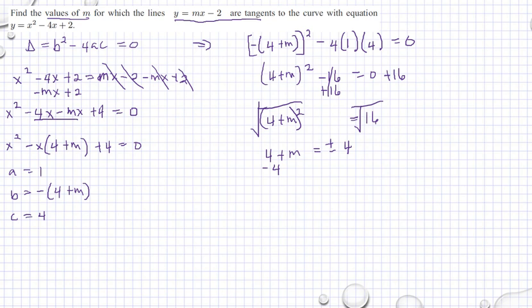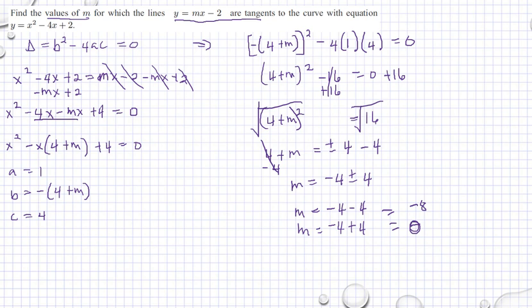If we subtract 4 from both sides of the equation, then m is negative 4 plus or minus 4. M is either negative 4 minus 4, or m is equal to negative 4 plus 4. This is negative 8, and this is 0.